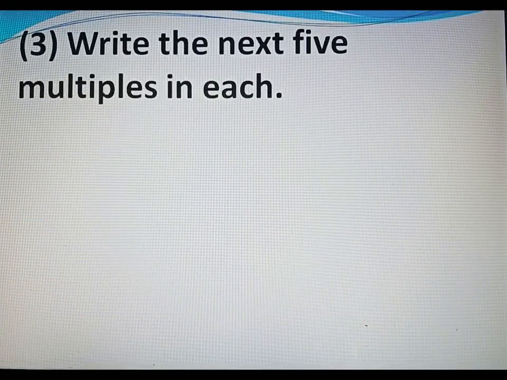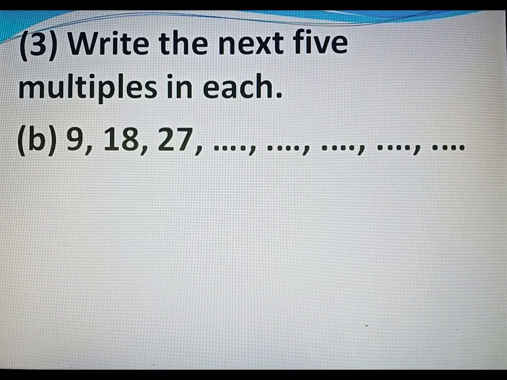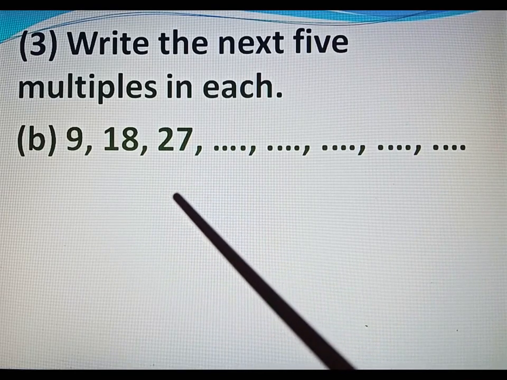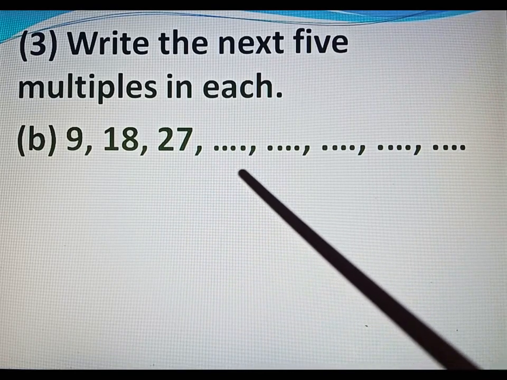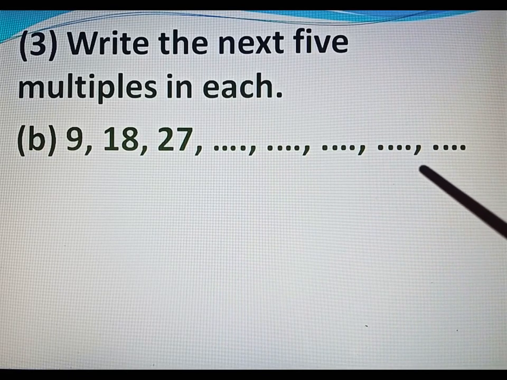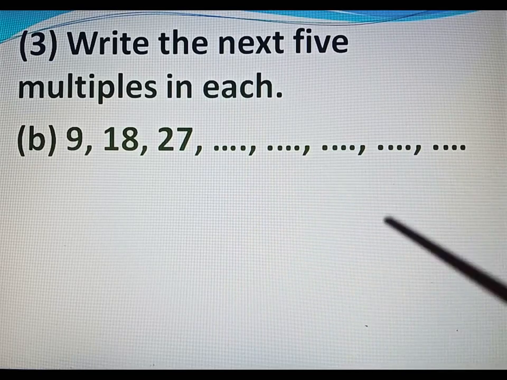Question number 3. Write the next 5 multiples in each. B part, 9, 18, 27, and then blanks. We have to write the next 5 multiples.